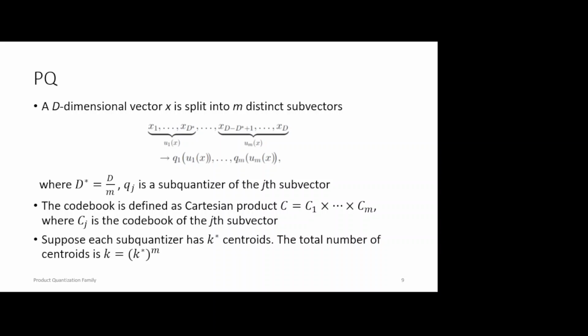So in total we will have n quantizers. So here is the PQ quantizer representation like this.